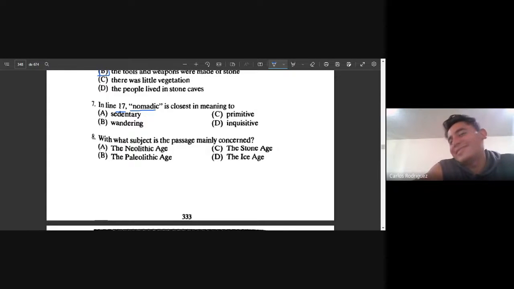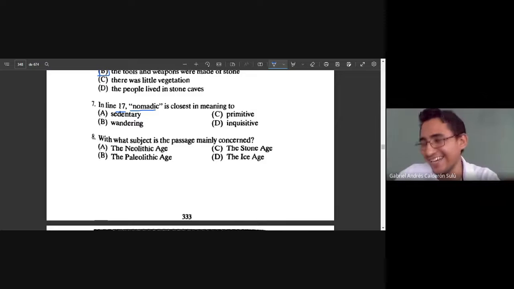Primitive is not related to the idea. Inquisitive, I don't know exactly what it is, but it sounds like a hail or something like that. So yes, you can use the elimination technique.